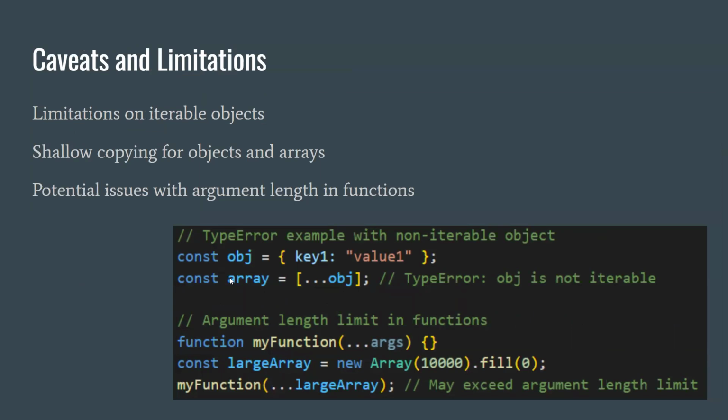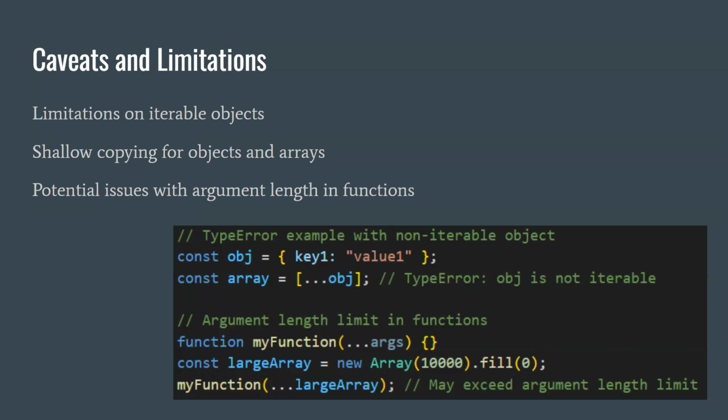Caveats and limitations. So while spread syntax is versatile, there are some limitations I want you to keep in mind. Not all objects are iterable. That means spread syntax won't work with them in the context of arrays or function arguments.